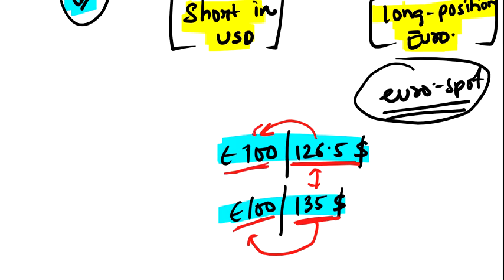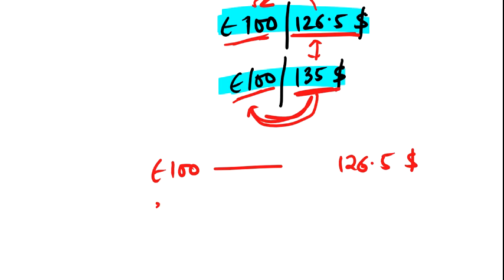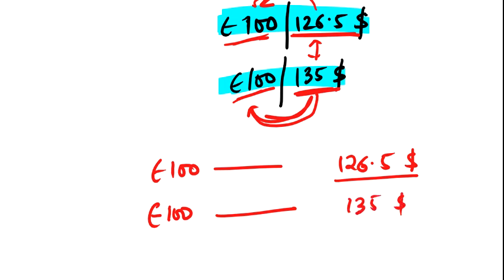Means if the value of the euro increases, understand it in this way: the value of 100 euros today is $126.5, and if it increases from $126.5 to $135, I will have a loss. So what I will do is take a long position in the euro market.